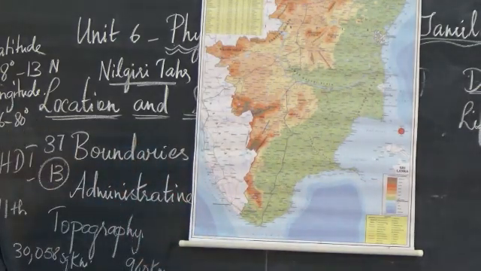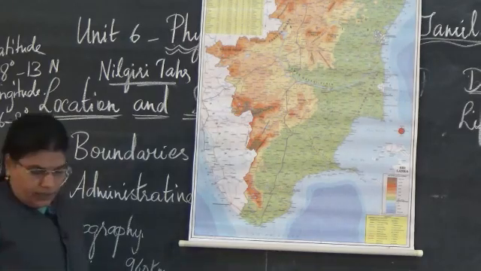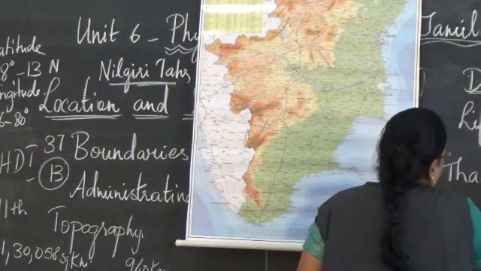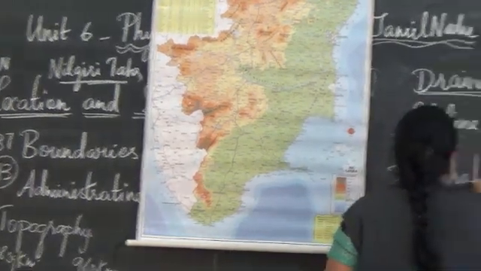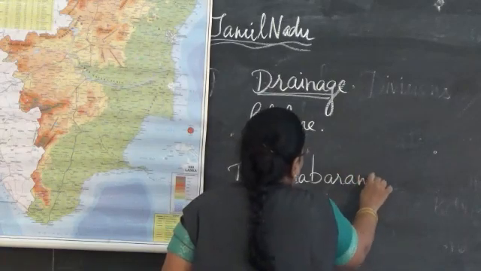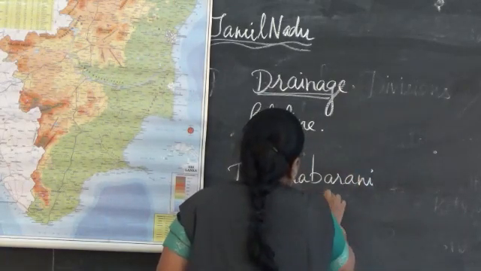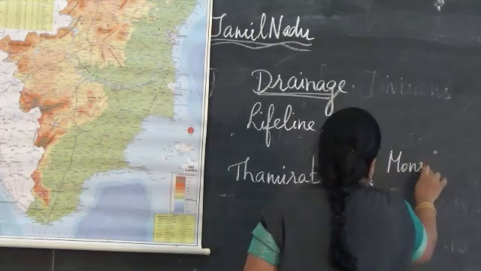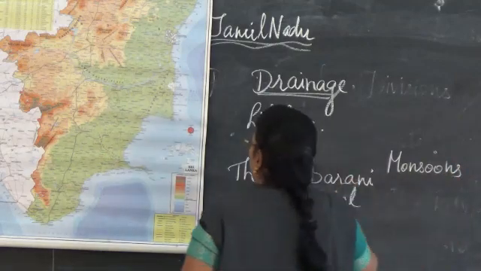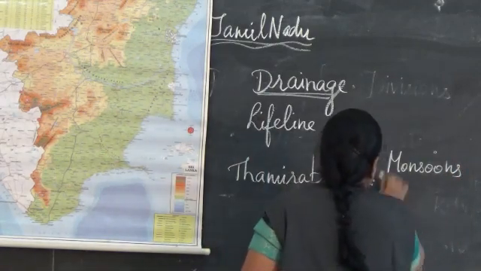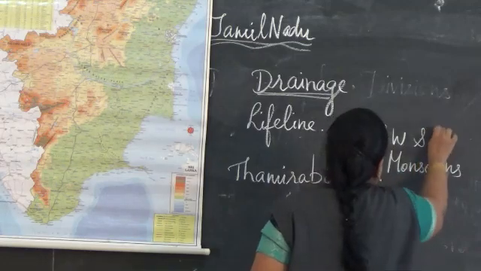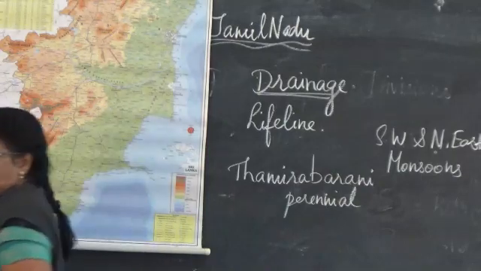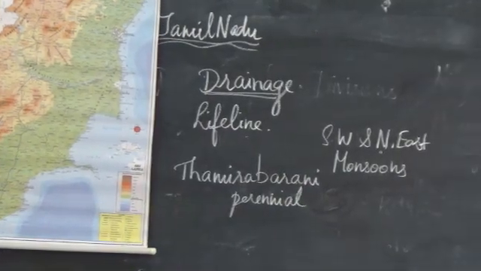All the rivers of the state are non-perennial except Thamirabharani. Thamirabharani is perennial because it gets water from both the monsoons, southwest and northeast monsoon. So, it gets water throughout the year. What do you mean by perennial? It gets water throughout the year.